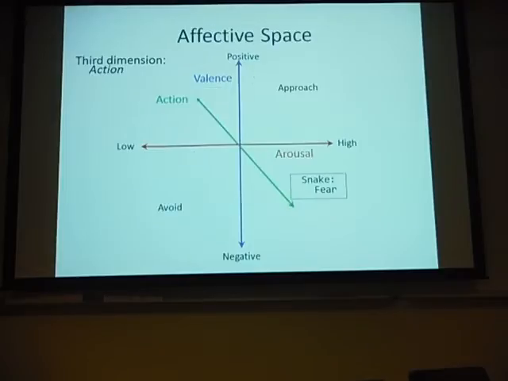The other piece of this is to put the action dimension in, and it's really hard to show this in 3D, but picture that green arrow kind of going in the z-axis. I think that's right. Where here's our snake. We know it's going to make us be fearful. And again, if you like snakes and it's your buddy going, hey, you want to hold my cobra?